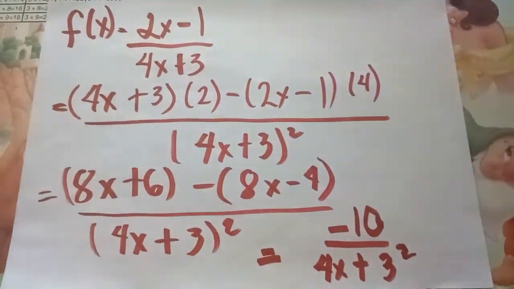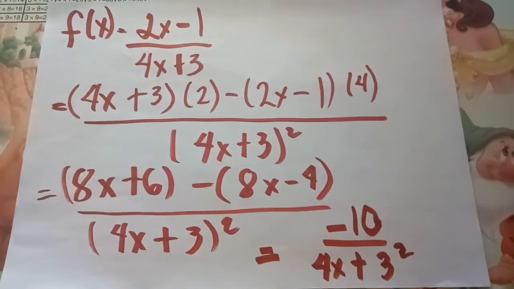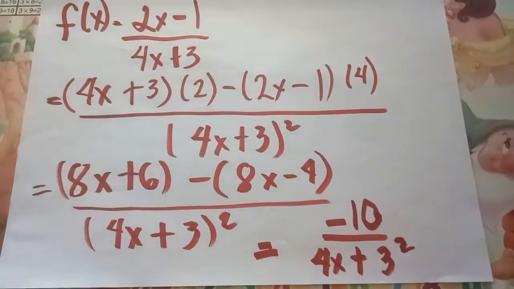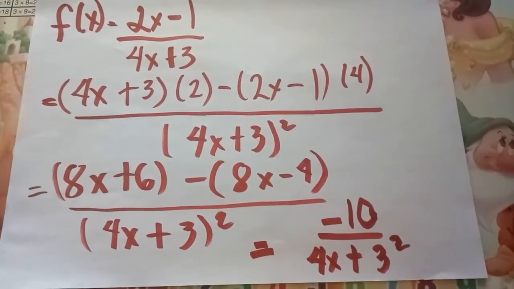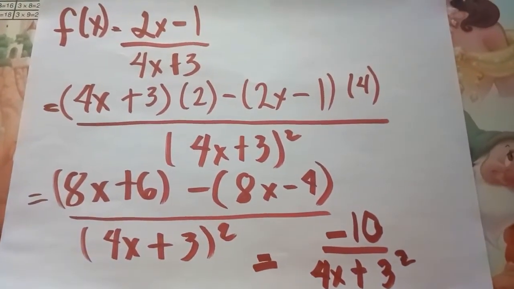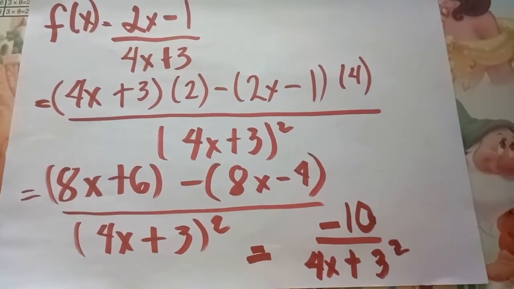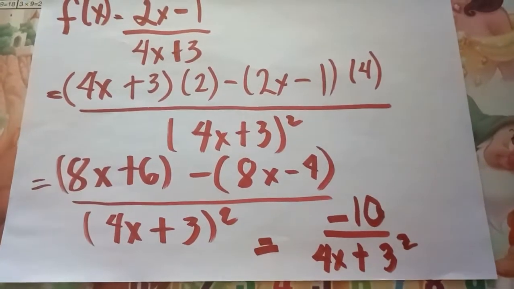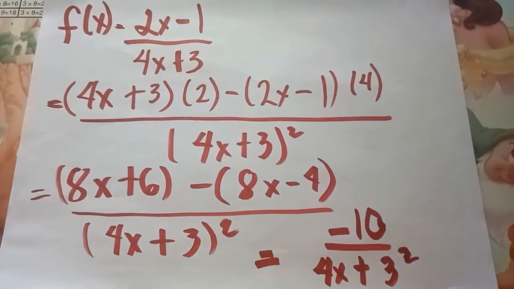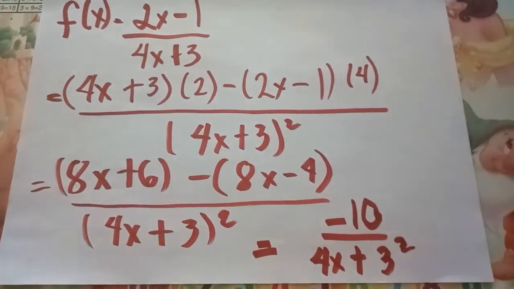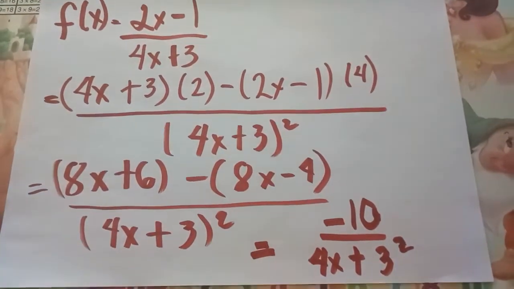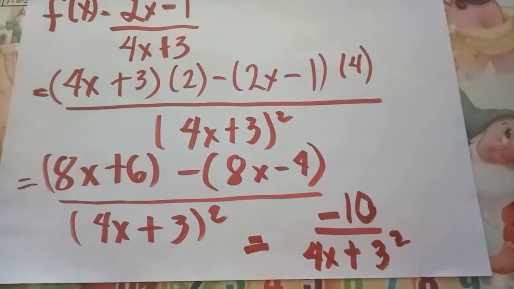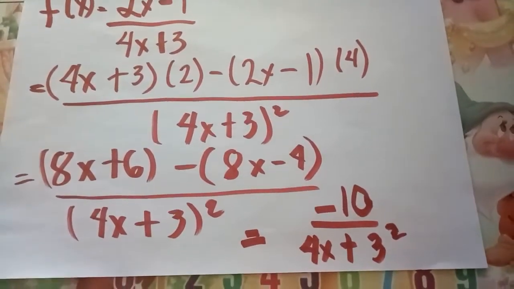The derivative of g is 2, and the derivative of k is 4. So we have 4x plus 3 times 2 minus 2x minus 1 times 4, over 4x plus 3 squared, which is 8x plus 6 minus 8x minus 4 over 4x plus 3 squared, which is negative 10 over 4x plus 3 squared.